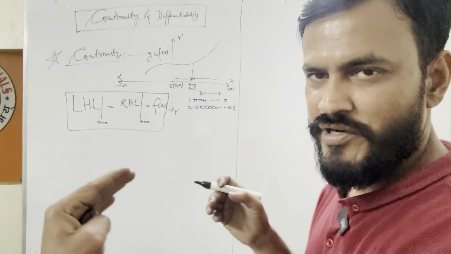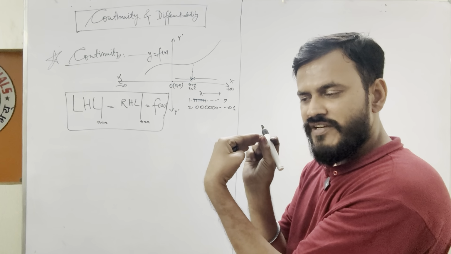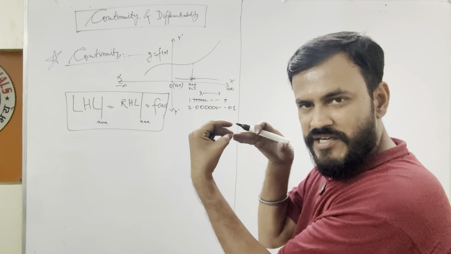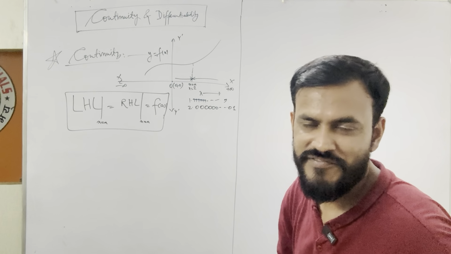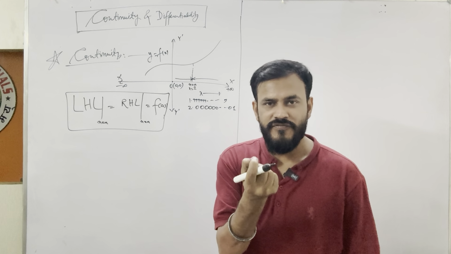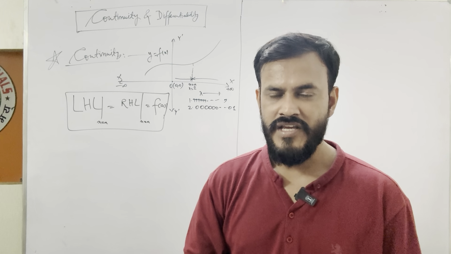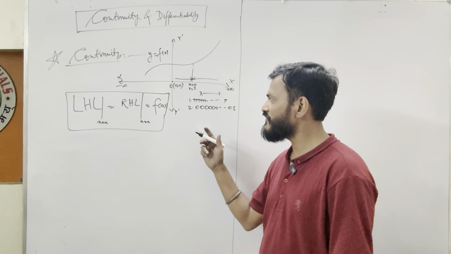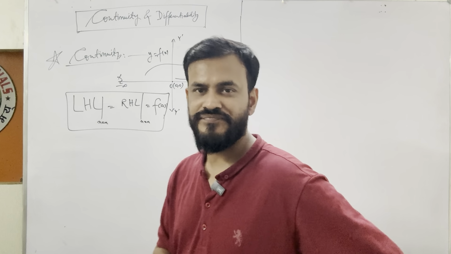You are reaching a point from the left hand side, very close to the given value but not touching it, and you are also reaching that point from the right hand side, very close but not touching it. And in the third case, you check the value of the function at that particular point as well. If these three values are the same, your function is said to be continuous. That means there is no break in the function.